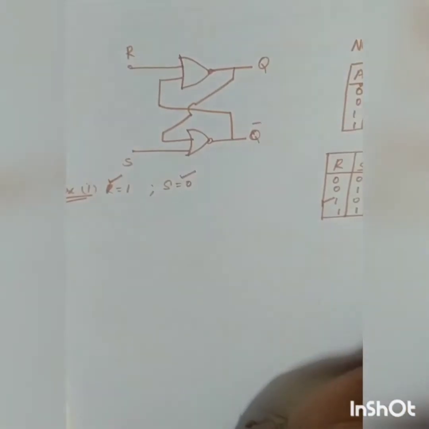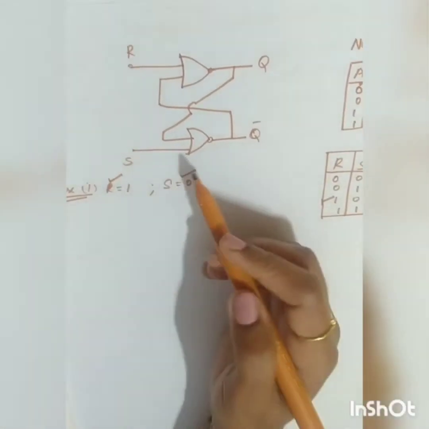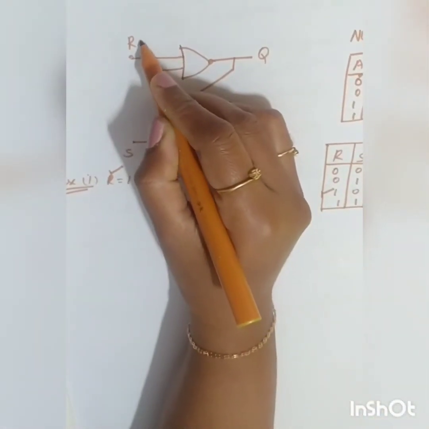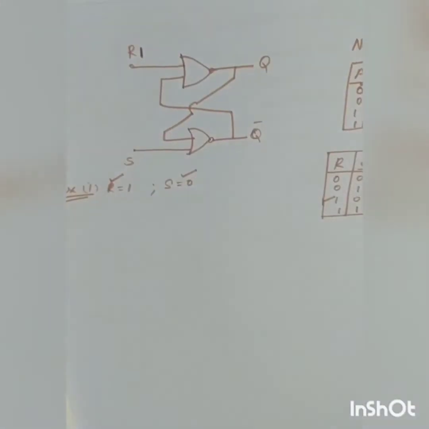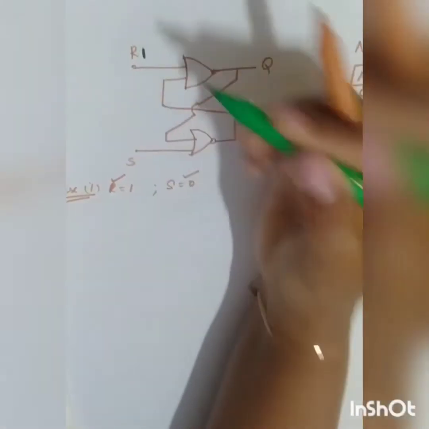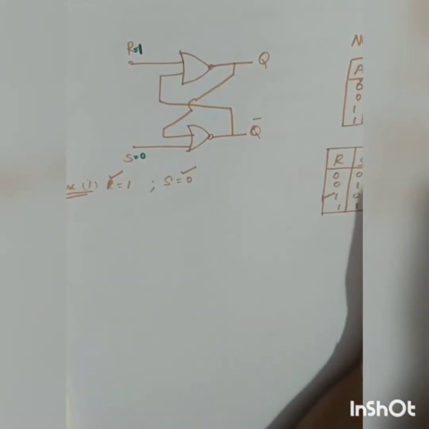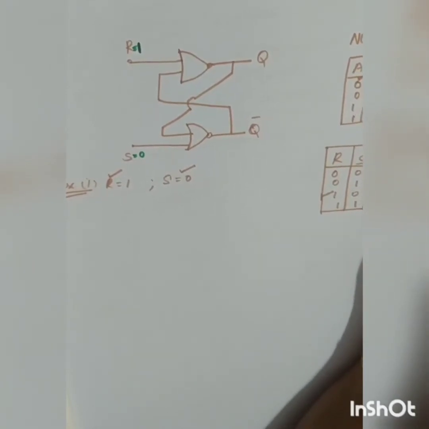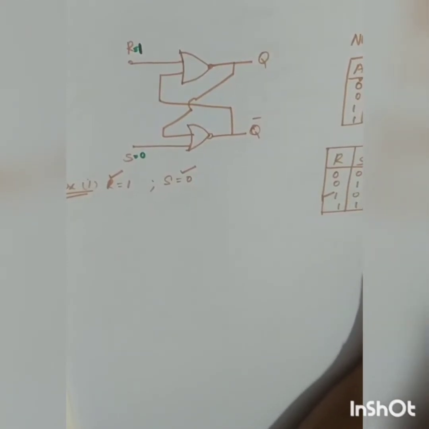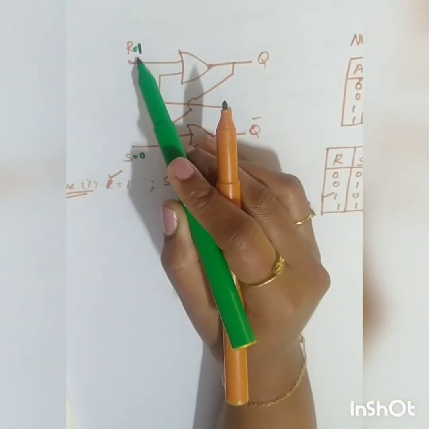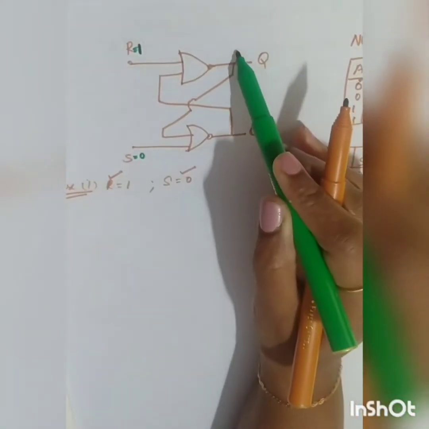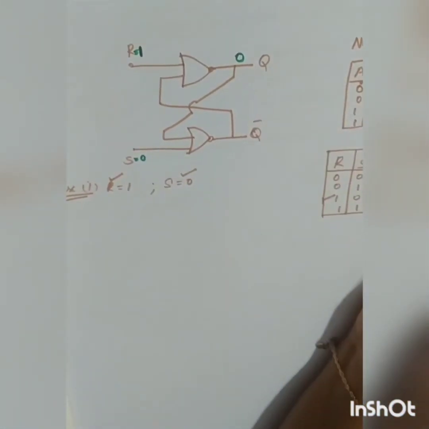Now you are going to find out what your output will be. Now R is equal to 1 and S is equal to 0. This is your first case. Now see the truth table of your NOR gate. Whenever the input is 1, your output is going to be 0, no matter what. So definitely your Q will be equal to 0.